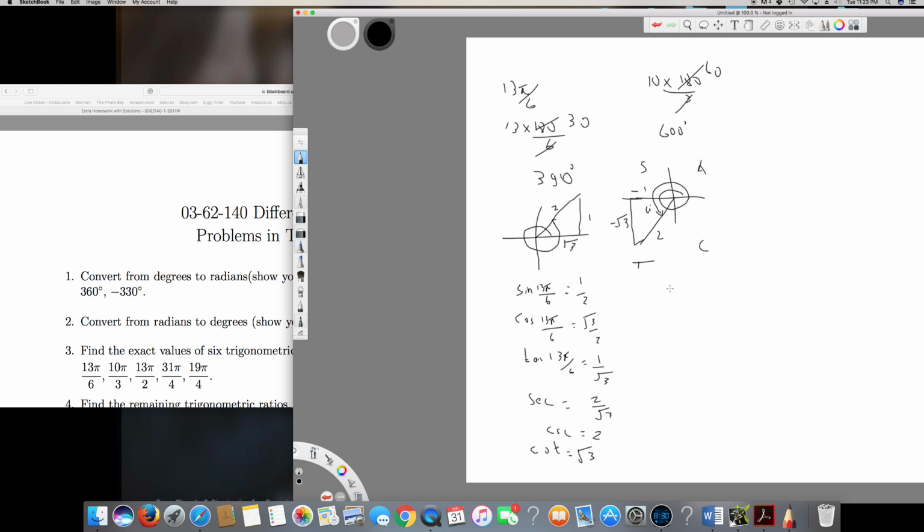So first let's write all the values. Sine 10 pi over 3 is going to be negative half, and cos 10 pi over 3 is going to be negative root 3 by 2.